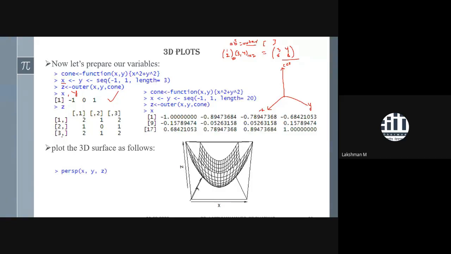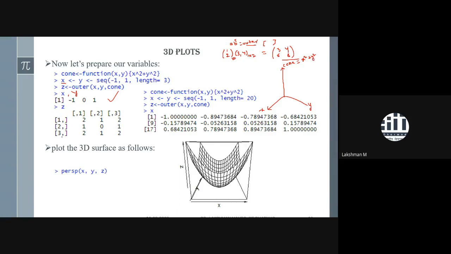You will define the cone here. It is defined as x square plus y square, that is, your surface as a function of two variables in the cone direction. Now what do you do?